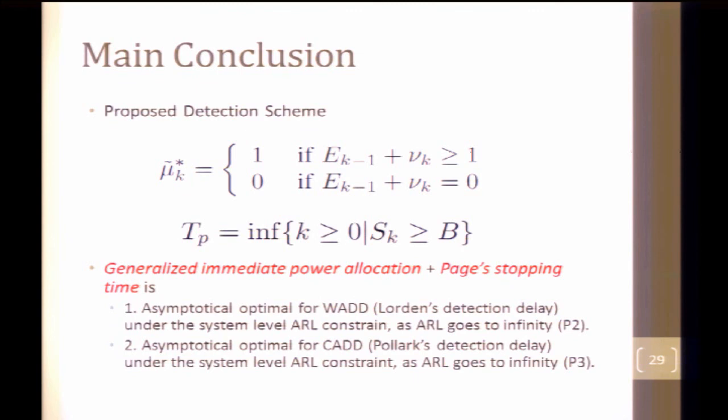Then what we say is asymptotically optimal simply means that the ARL goes to infinity. Okay, so it doesn't matter how much energy you have in the battery. You can only take a finite number of samples. Even if you save this energy for future use, this finite number of samples, the amount of information they will give you will be limited compared with the false alarm constraint.